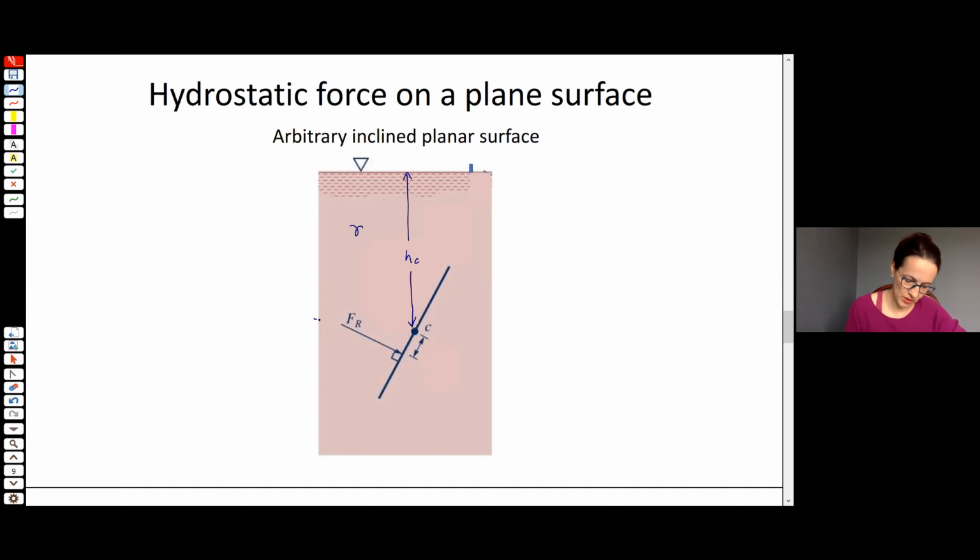And we've got our resultant force, which we know now is equal to gamma h sub C times A. And this is our submerged surface with area A. Well, here's the centroid C, and then down here where the force acts, that's CP, the center of pressure.